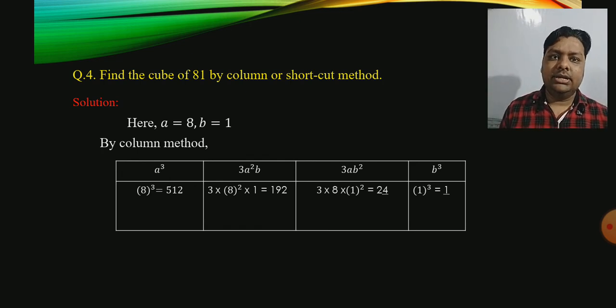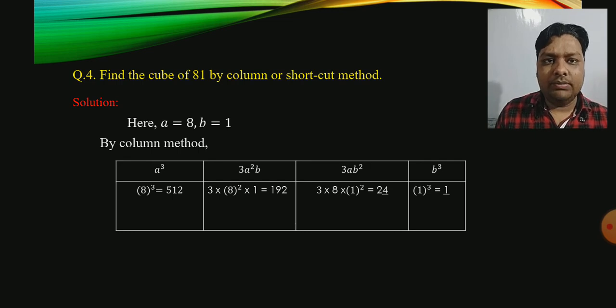So a cube means the value of a, 8 cube, is equal to 512. Now 3a square b, 3 into a square, 8 square, into b, 1, then it will be 192. Then 3ab square, 3 into 8 into 1 square is equal to 24. Then the last column b cube, it means 1 cube is equal to 1.